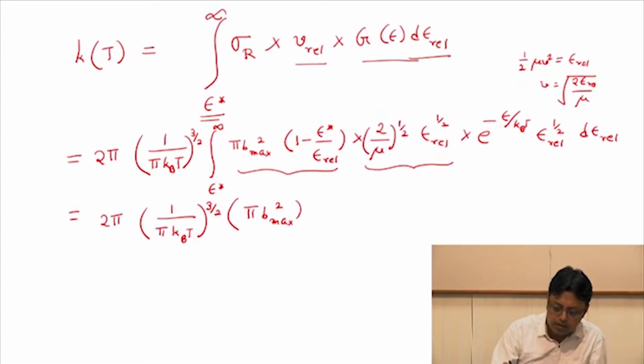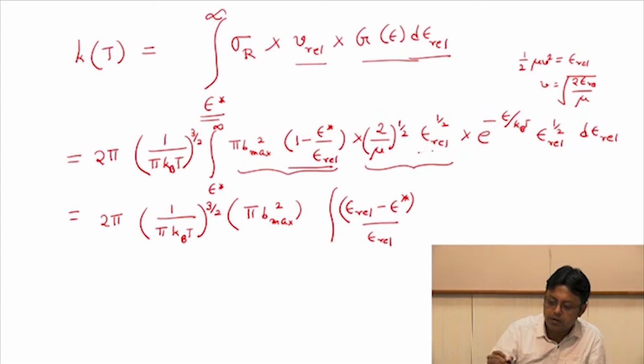Inside the integral, I can write this as epsilon relative minus epsilon star divided by epsilon relative. But then I also have one epsilon relative to the power half and another epsilon relative to the power half. Those will give me epsilon relative, so that will cancel with this epsilon relative. So I'm not writing that. And then I have square root of 2 by mu.